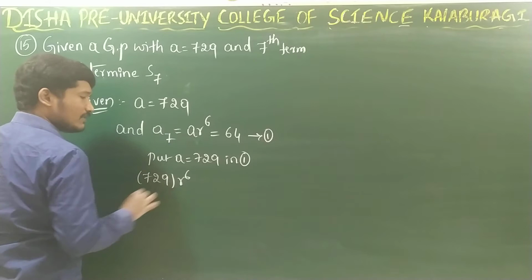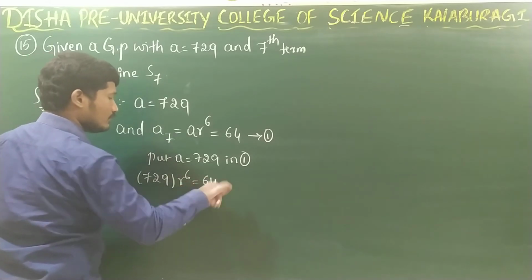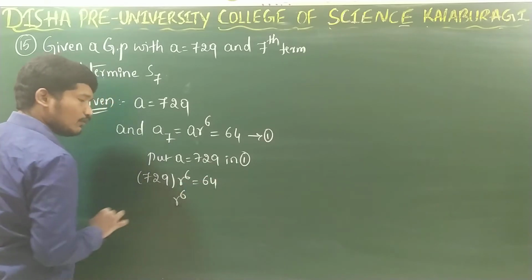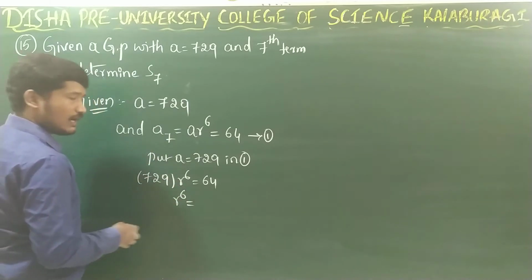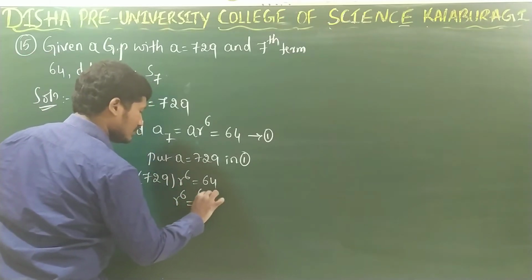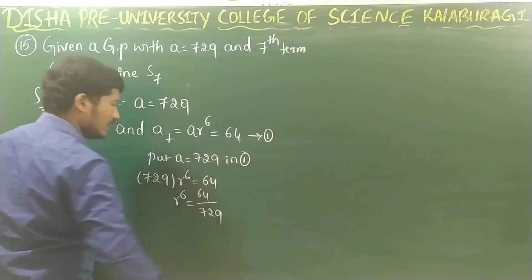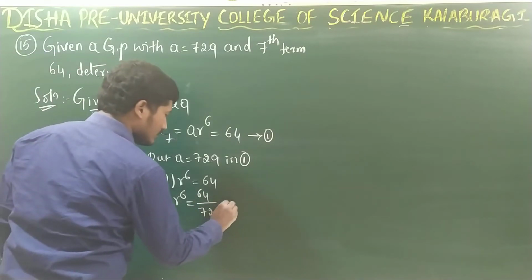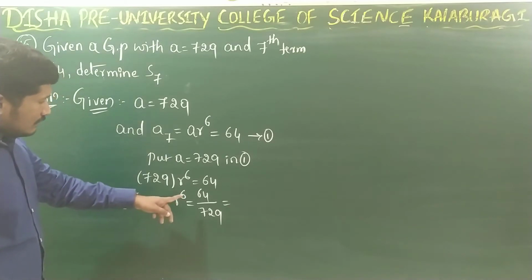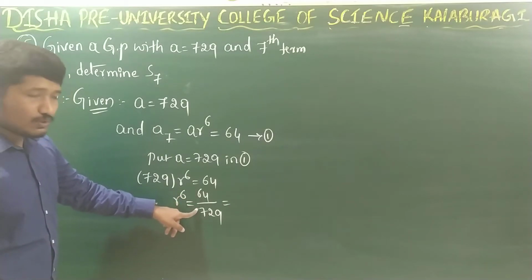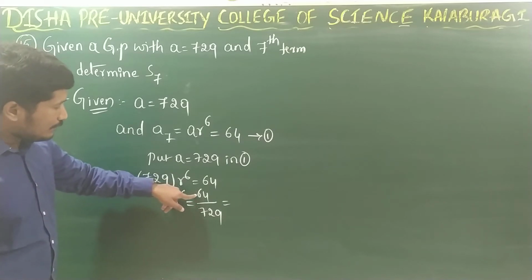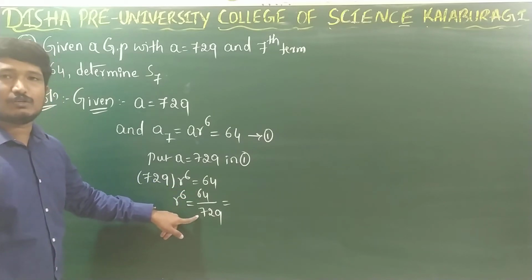729 into R power 6 is equal to 64, right? You need the value for R, so keep it on the LHS, transfer this term to the RHS. It will be R power 6 is equal to 64 divided by 729. Now I will convert these two terms in powers of 2 as well as in powers of 3.